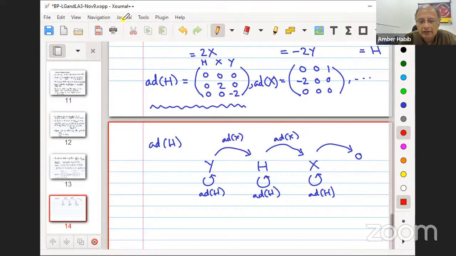When it hits x, the bracket [x,y] is h, and [y,x] is minus h, so it sends it like this. And y with h is a multiple of y, so it goes here, and then y with y is 0, so it goes like this. In other words, ad x and ad y are nilpotent. They're ultimately sending everything to 0.